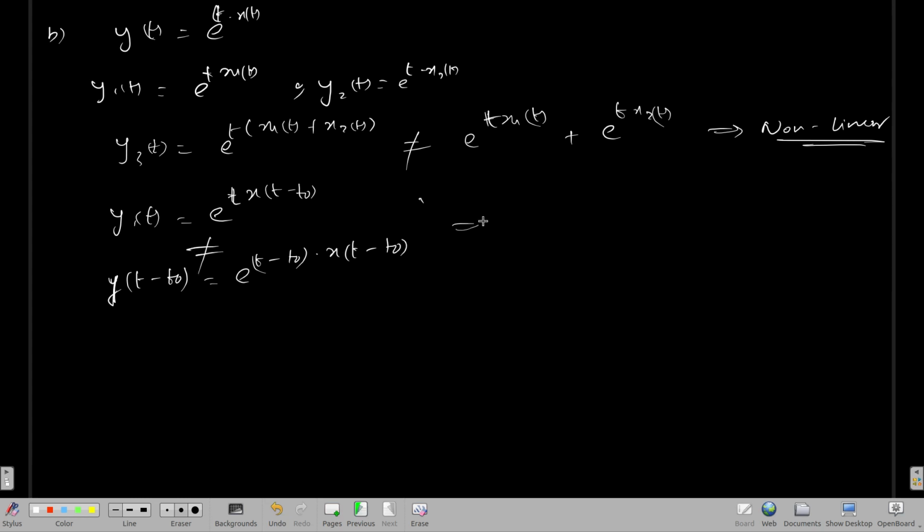Therefore it is time variant. So this system, y of t equal to e to the power of t x of t, is at the same time non-linear and also time variant.